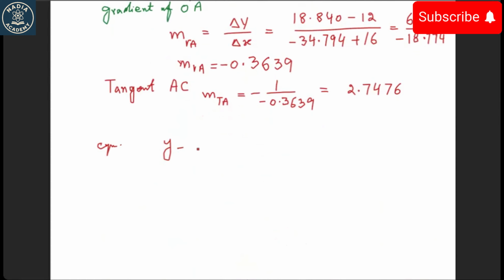The y coordinate of point A, which is equal to 18.840. This is equal to the gradient, which we just calculated, 2.7476 times x minus. Now, the x coordinate of our point A is negative, so that negative will make this positive.